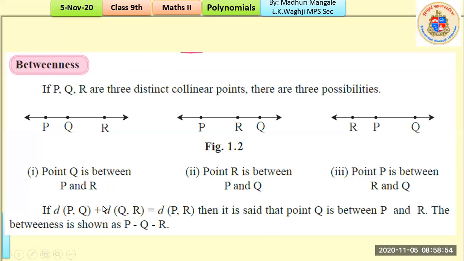If a point Q is between 2 points P and R, then this formula is helpful: if the distance PQ plus the distance QR is equal to the distance PR, then it is said that the point Q is between the points P and R. Betweenness is symbolized like this: P-Q-R. So PQ plus QR equals PR means that point Q is between P and R.